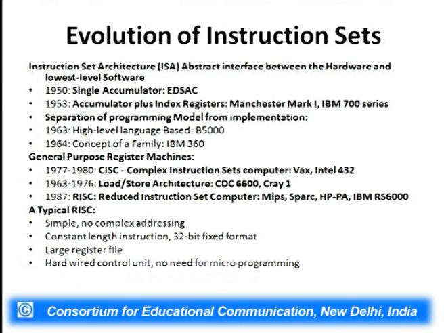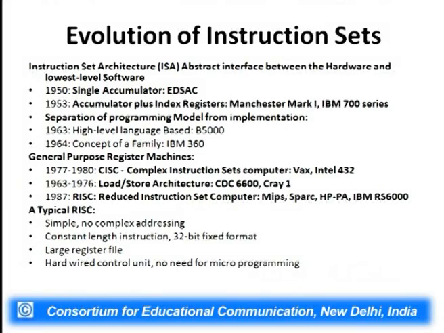In 1953, accumulator plus index registers were introduced in the Manchester Mark I and the IBM 700 series, and separation of programming model from implementation was introduced in the 1960s, with 1963 introducing the high-level language-based B5000, and 1964 the concept of family introduced by IBM via the IBM 360.